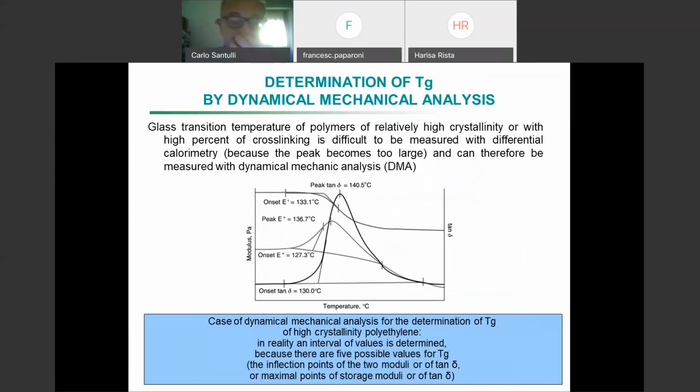So basically, in this case, we have a TG, we have a high crystallinity for polyethylene, and we need to determine the TG in this case, and in reality you have an interval of values, so different possible values for this TG.